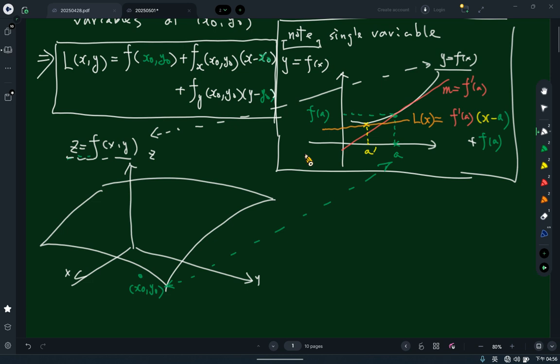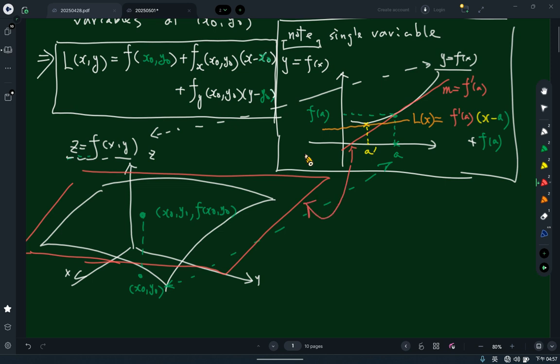Okay, so right now, what is the linearization for a two-variable function? This time, the linearization for two variables is the tangent plane at (s0, y0), then f of (s0, y0). So the tangent plane is equivalent to the tangent line. You can see the rows here correspond to each other, right?